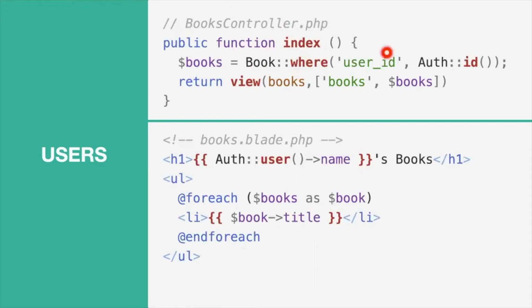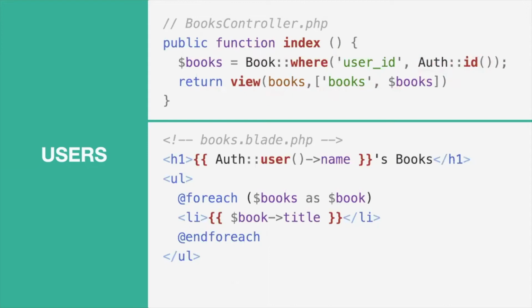And we'll say where the user ID of the book is equal to the authenticated ID. All right, so if the ID of the user that's logged in matches, then I want to return just those books. So it's going to get just those books, and we're going to return it to the books view.